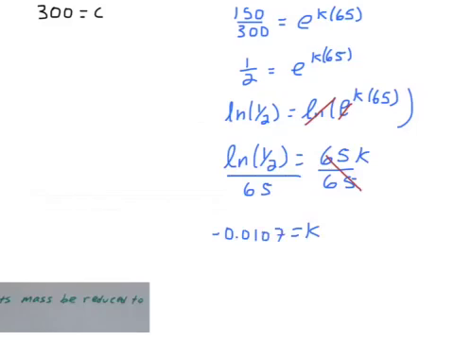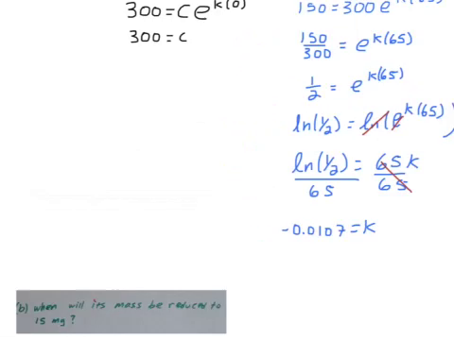Now this is a value that you want to have stored. It's fine if you approximate or round it off as you're working, but you want to have this stored value in your graphing calculator when you are using it.